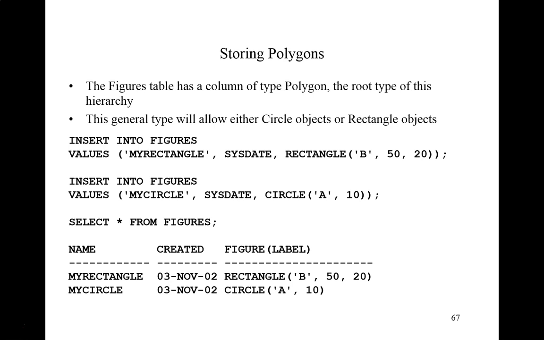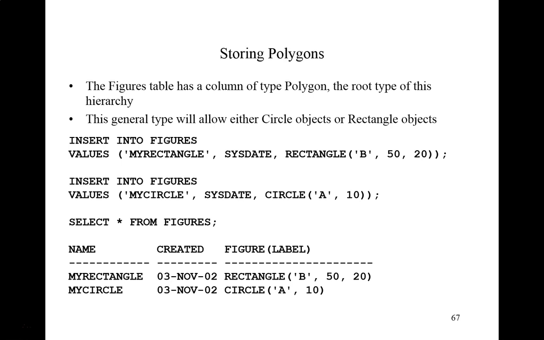Now comes the fun part. The figures table was defined with a type of polygon. That's the root type. This general type will allow us to place circle objects, a subtype of polygon, or rectangle objects, another subtype of polygon. We insert into figures, in our first statement, a rectangle object.